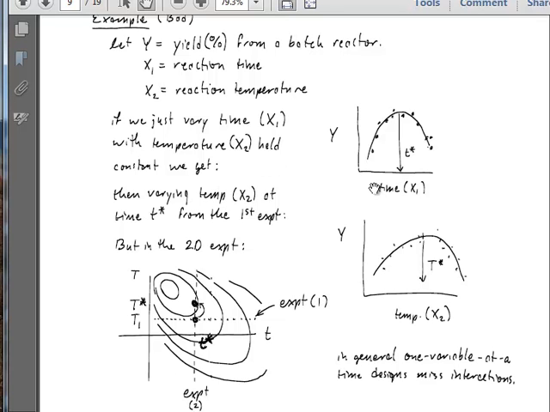So we pick a temperature and we vary the time. And we see this sort of trend that it goes through a maximum, and we say, okay, now I'm going to pick the time that gave me the maximum yield, and I'm going to look at what was the effect of temperature, right? So now I have a constant time, and I'm varying the temperature, and again, I now see a peak.